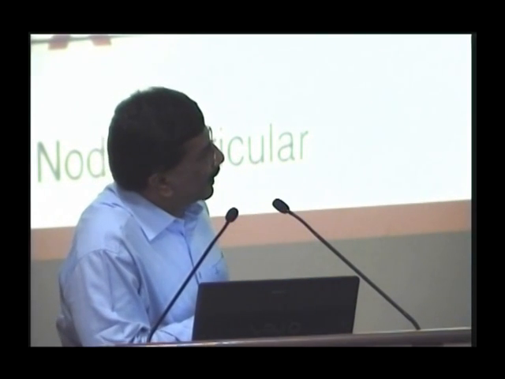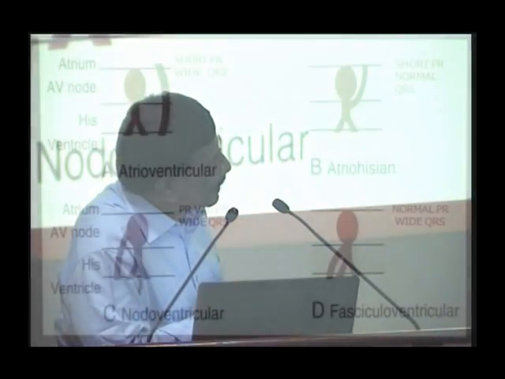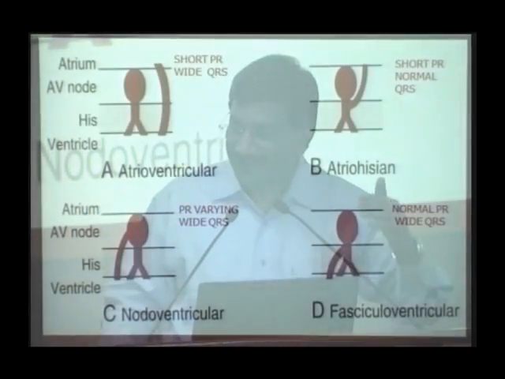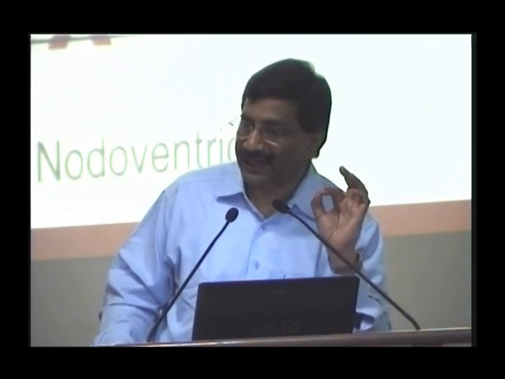Now look here. My AV node is bypassed, after that my conduction is normal. My pathway bypasses the AV node, then connects to the bundle of His. Subsequently conduction goes through the specialized conduction system, so no longer do I have a wide QRS, because the accessory bundle is not connecting to the muscle.